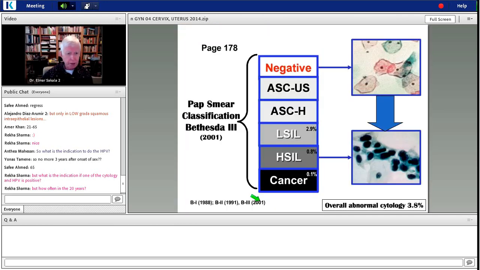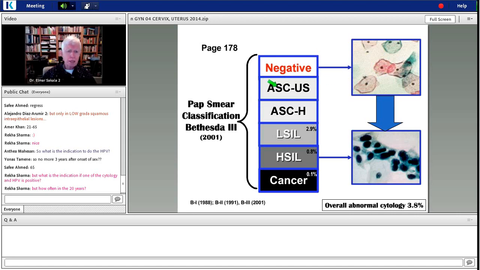Pap smear classification. This is the Bethesda system, and this is the terminology that we use. The most likely outcome and what you would like it to be is negative. The pap smear is negative for cancer and intraepithelial lesions. Great. These are normal appearing superficial squamous cells from the cervix.